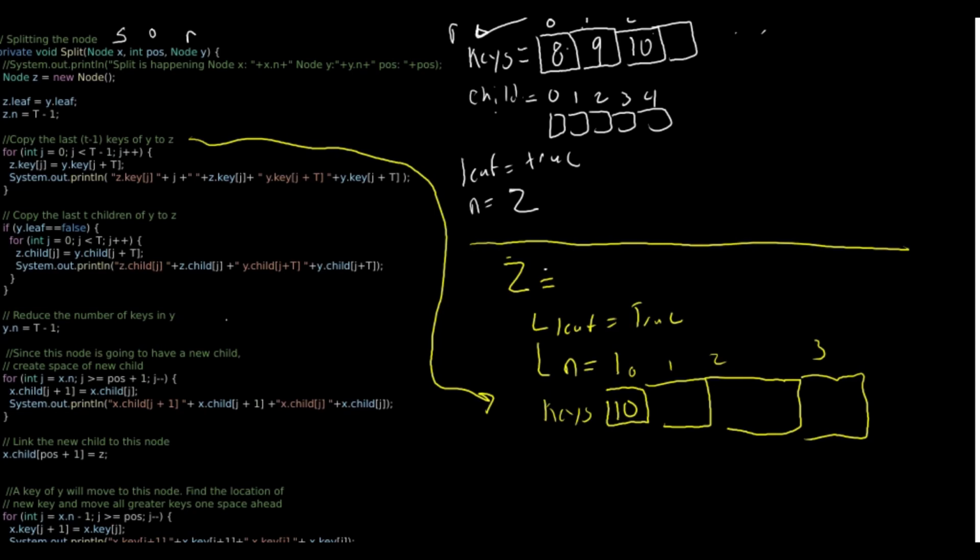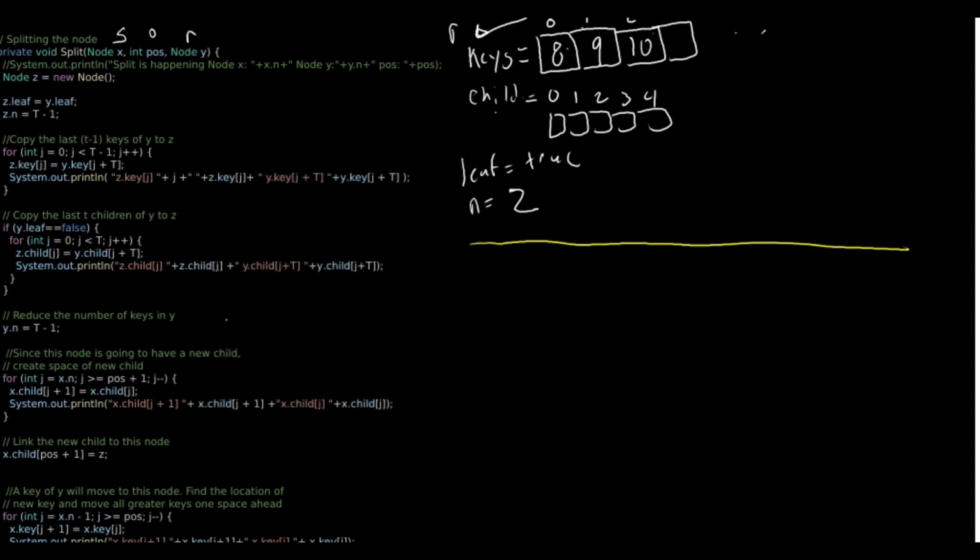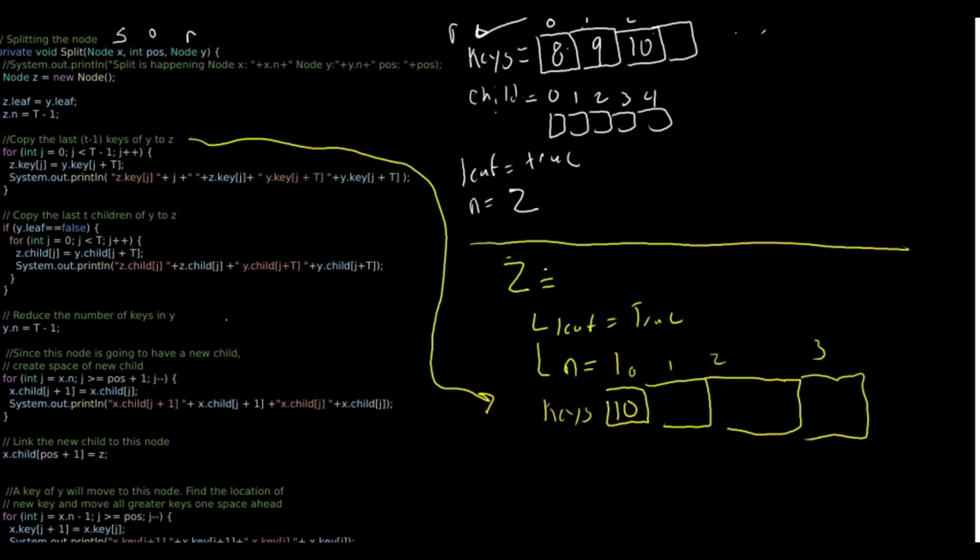So now we copy this node Z into our root node, or S, you can say. So this will be here. Now Z is going to be copied.